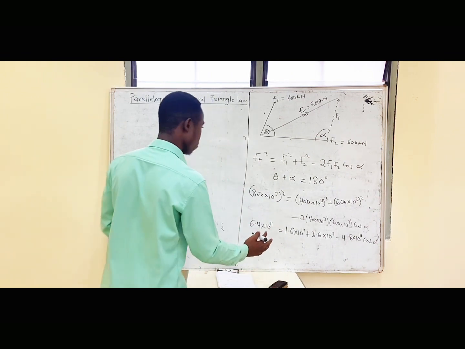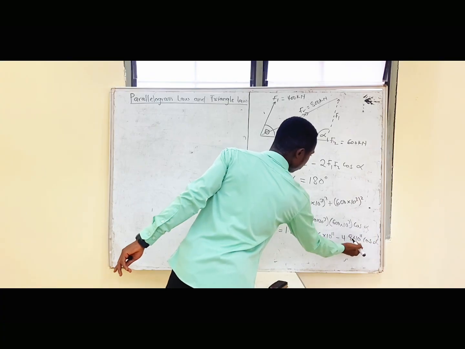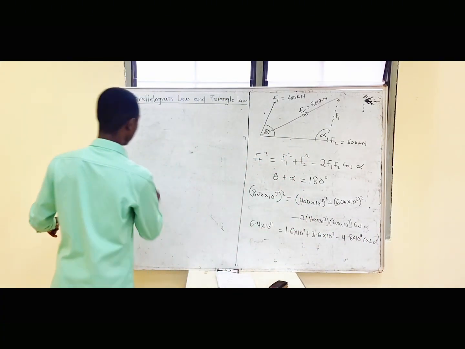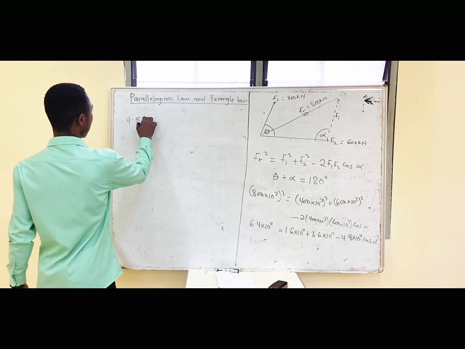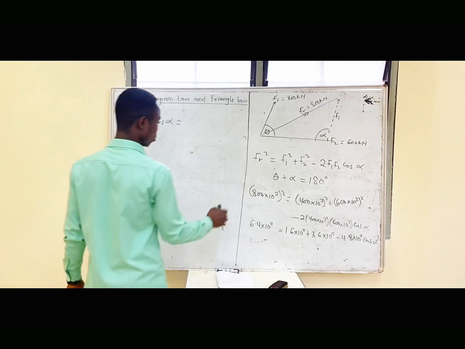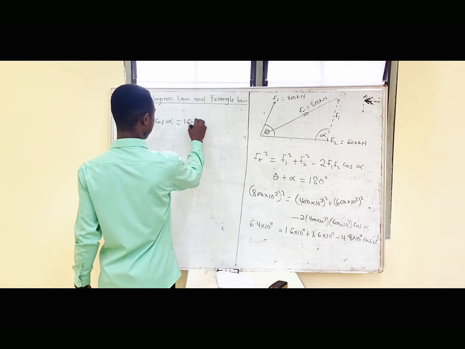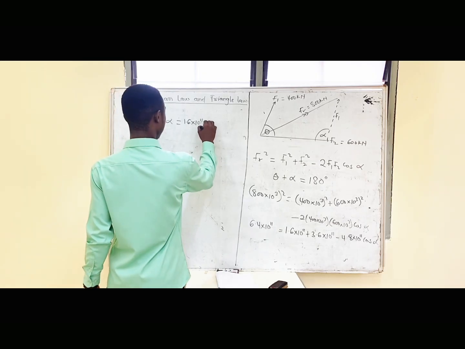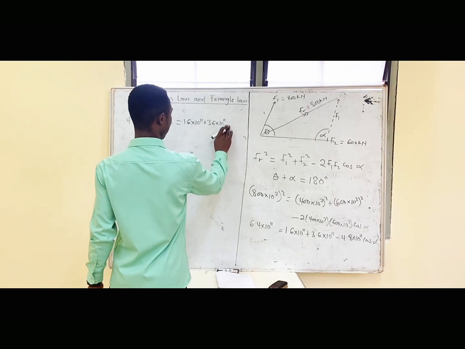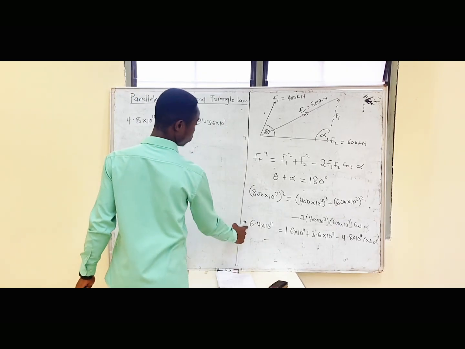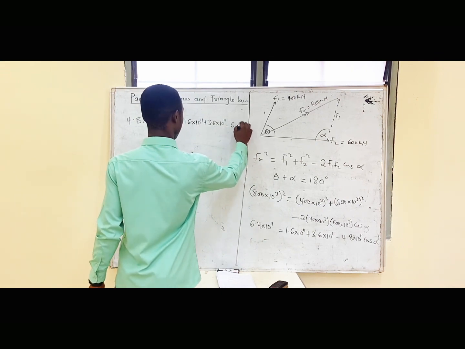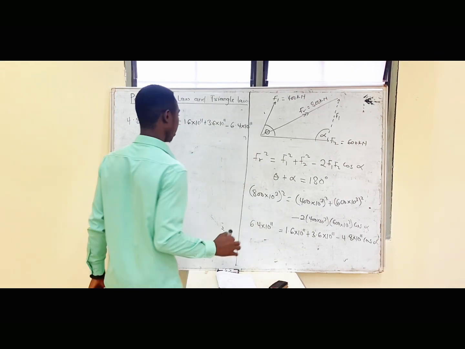Now, with further simplification, we can move the part of the equation with the cos to the other side and take the other terms to the other side. So we have 4.8 times 10 to the power 11 cos alpha equal to 1.6 times 10 to the power 11 plus 3.6 times 10 to the power 11 minus, because we move this one to the other side, it will become minus, 6.4 times 10 to the power 11.